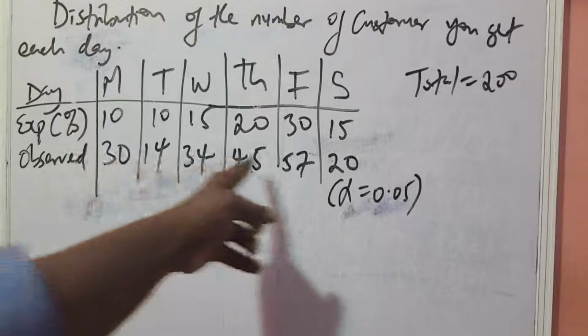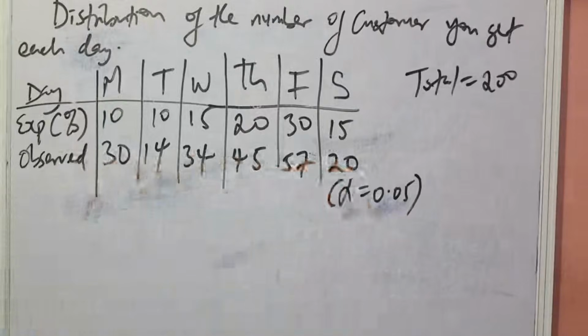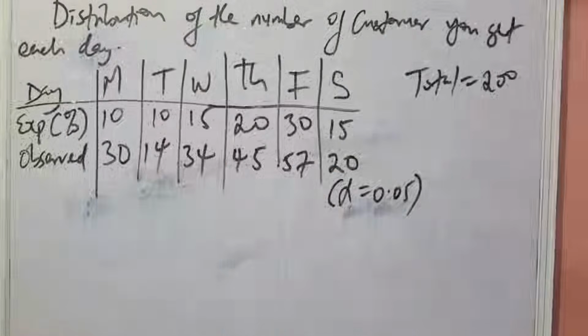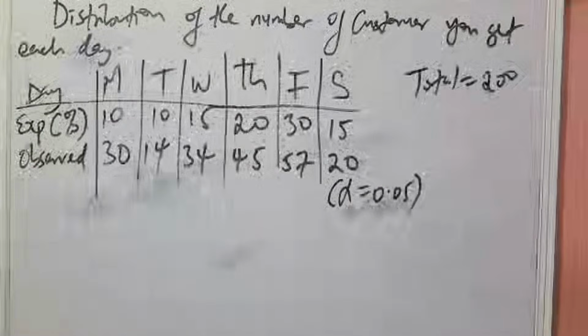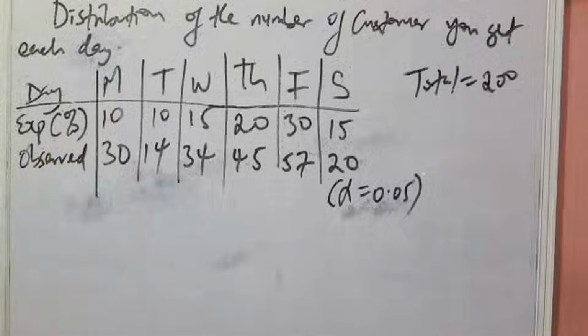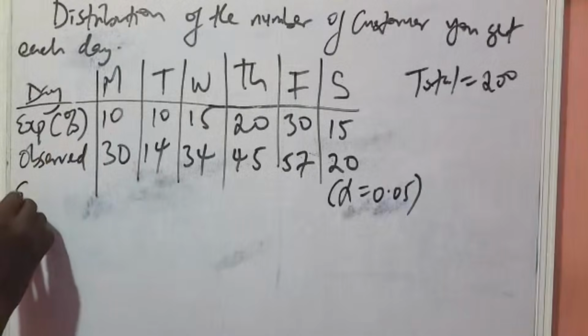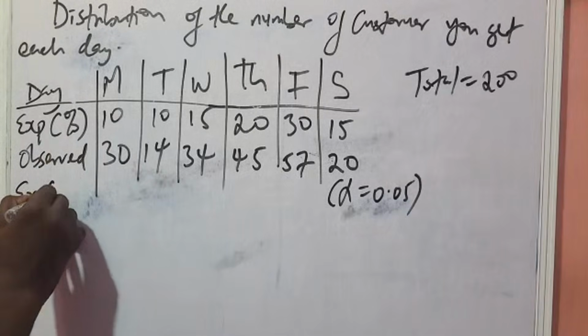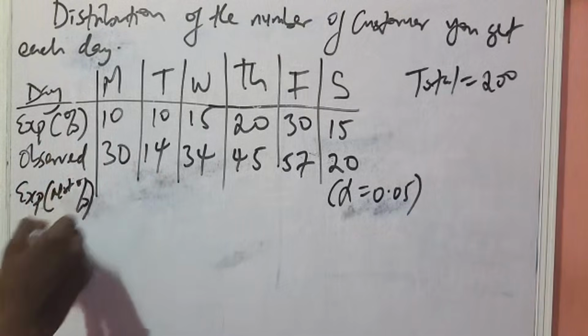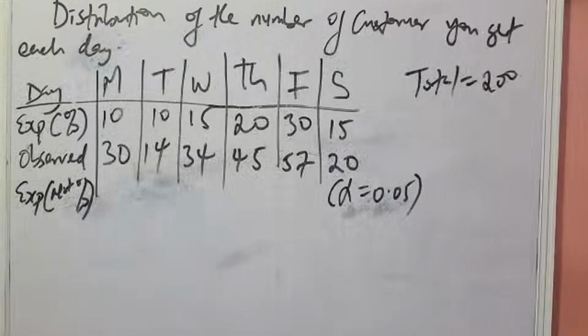From what we see here, we have 200 people that were observed in that week. Based on what this woman expected, in that 200 people, 10% were supposed to be distributed on Monday. Guys, what was our expectation for Monday then? Let me say expected, not percentage now.